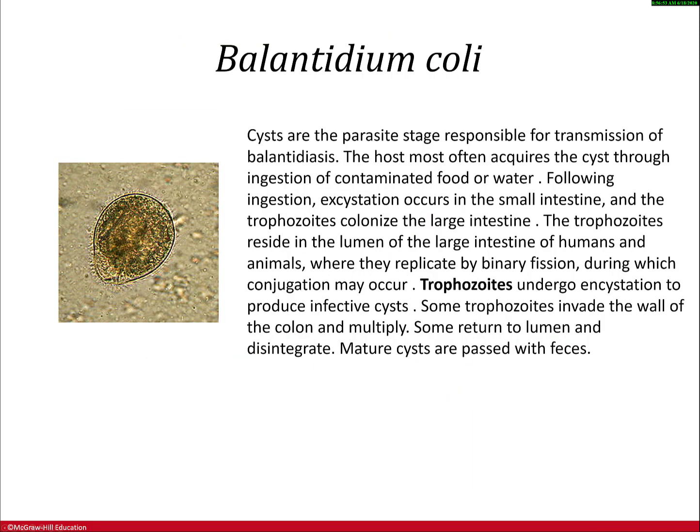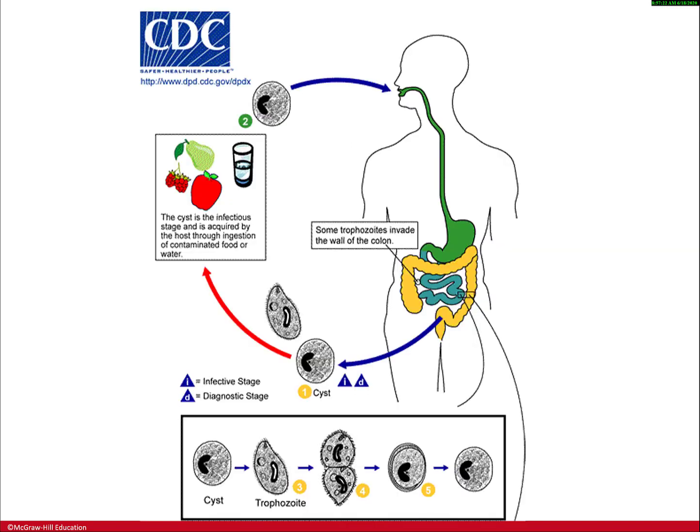Balantidium coli causes balantidiasis, which is acquired through the ingestion of contaminated food or water. They reside in the lumen of the large intestine where they replicate, and then the trophozoites keep going unless there's a problem, and they will form cysts, because once it gets into the gut, it's going to spread them in the feces.